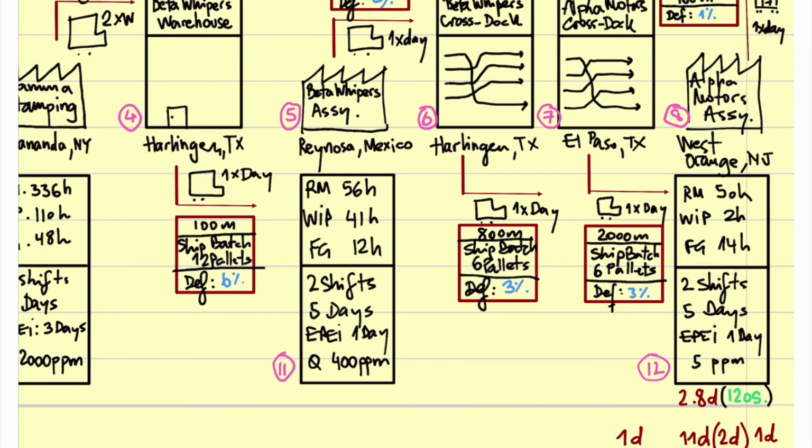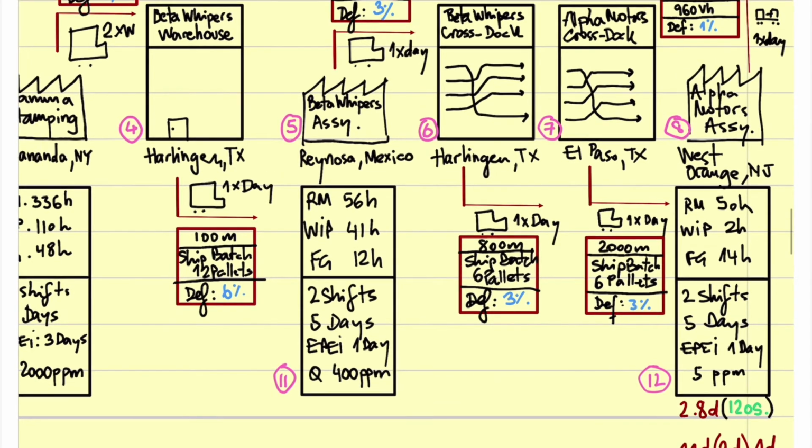And the Alpha Motors dock takes also, I'm going to put it at the same level, 1 day. The Alpha Motors dock is here 1 day. The shipping batch is 1 day. Then the Alpha Motors is 0.5 days.